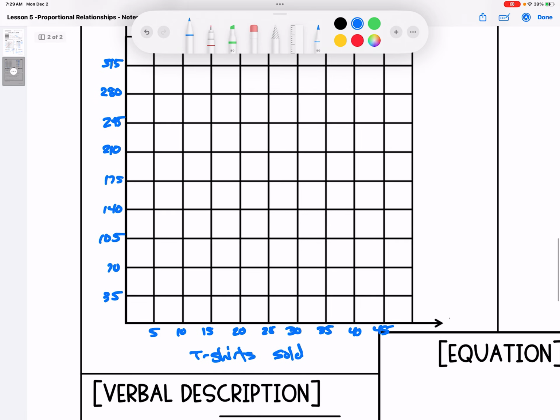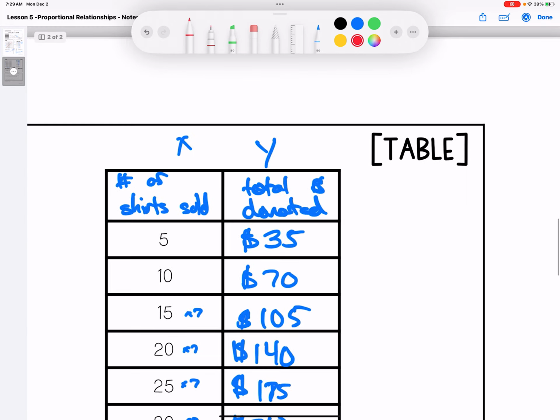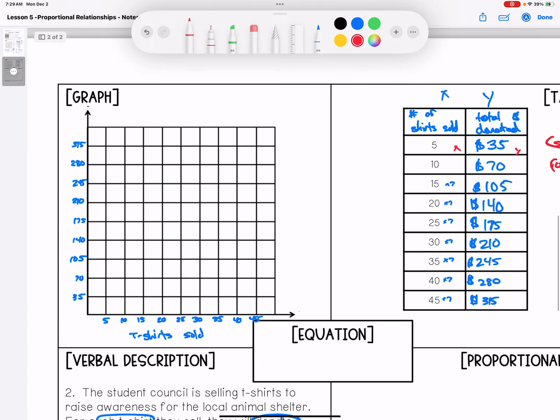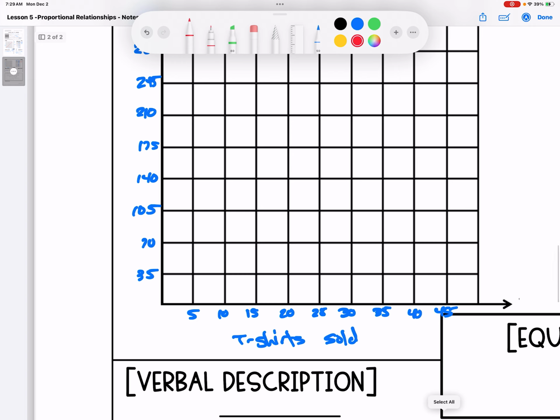All right. Now let's graph it. If you don't remember how, remember, this is the X, this is the Y, so it's 5, 35, 10, 70, remember? Okay? Yes, in this instance, it does make a pretty little straight line, every dot, one up, one over.